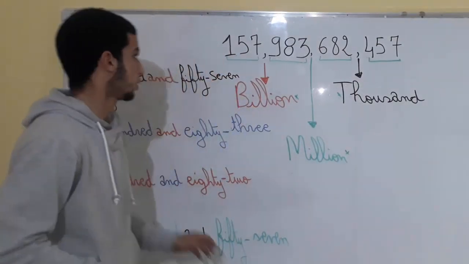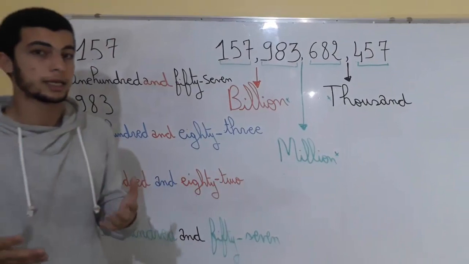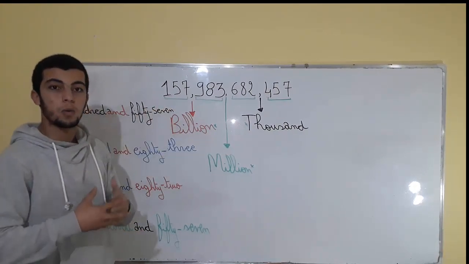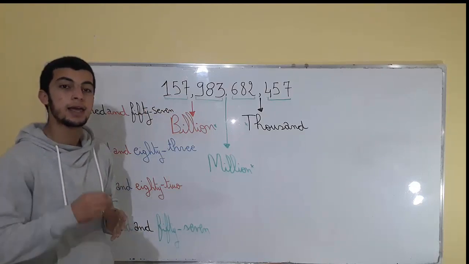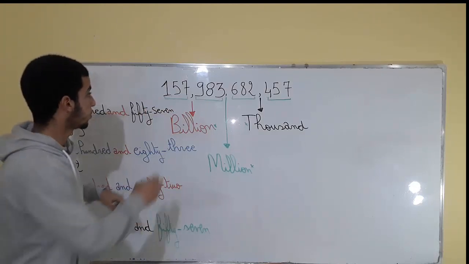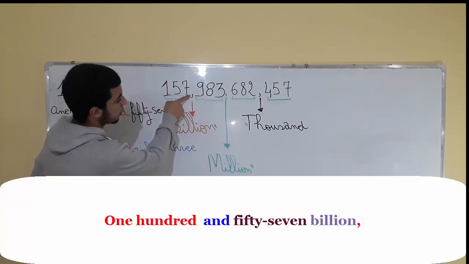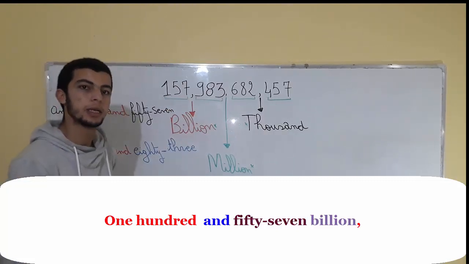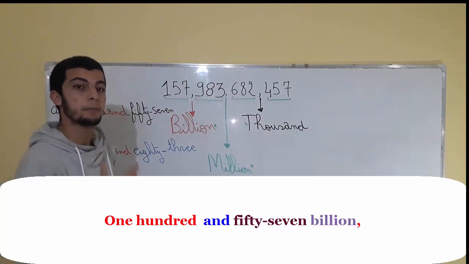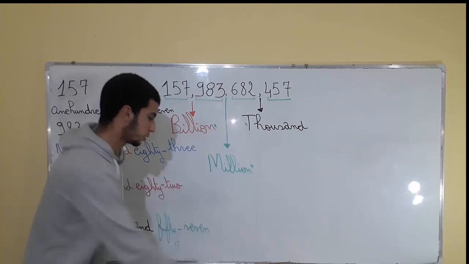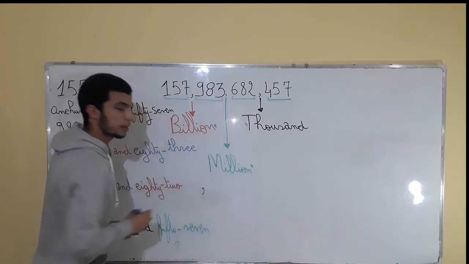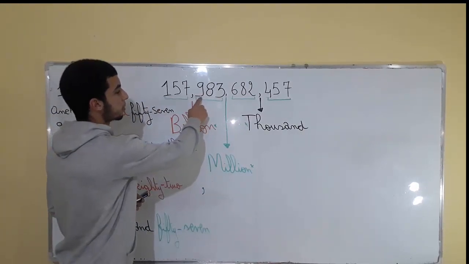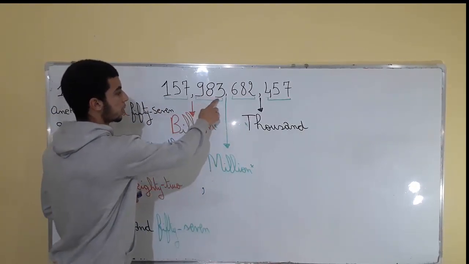How we get these numbers together is like this. We say 157, and pay attention to this comma. So this is billion. So we say 157 billion. Then we put comma. Next, 983 what?